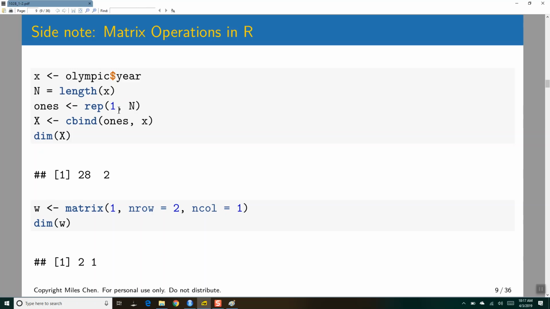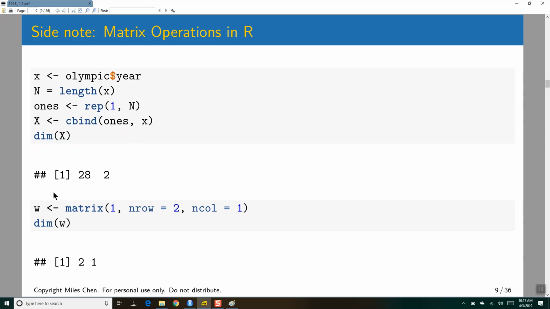This is actually unnecessary because R recycles, but just for this, I will create matrix X by binding this vector of 1s with the vector of X values into big X over here. Again, creating this 1s vector is not necessary because R will automatically recycle. I could just type the number 1 here and do cbind 1 comma the vector X, and it's going to create a matrix, 28 rows, 2 columns.